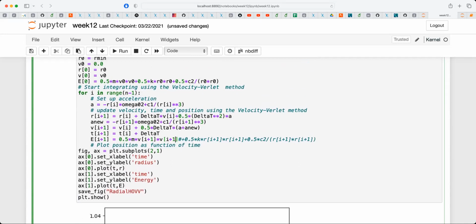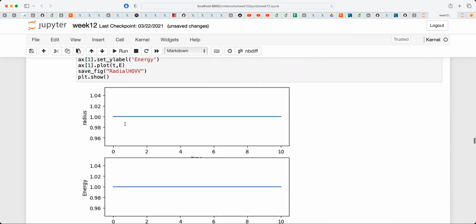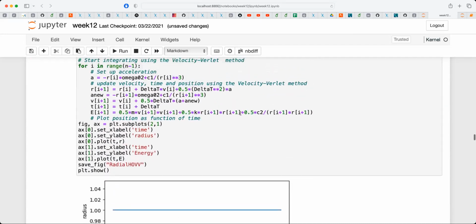Okay, I need to fix that one and just figure out what I'm doing wrong. So maybe it's because I took away the, yeah, I need to take this one out. I'm just going to check this afterwards. So I need the centrifugal barrier in the kinetic energy. Okay, so this is the kind of behavior you're going to see when you solve the exercises.